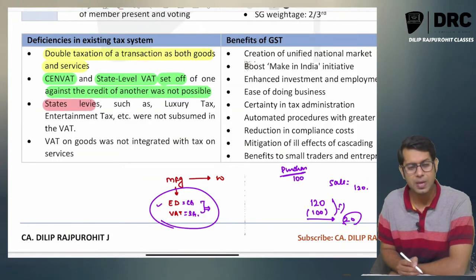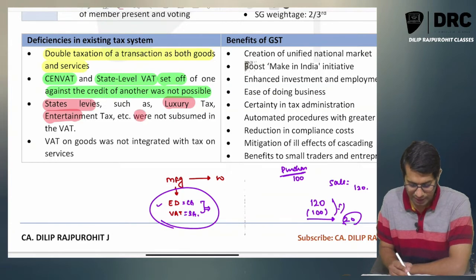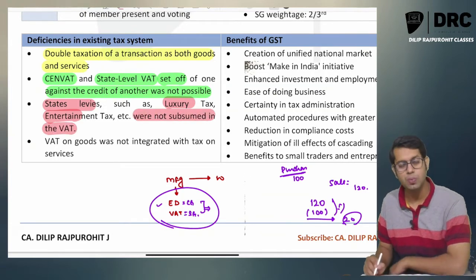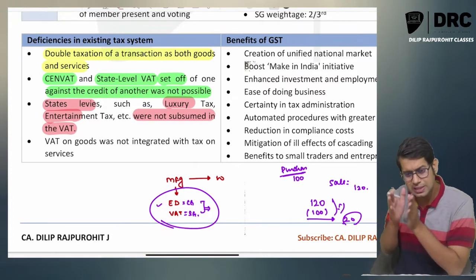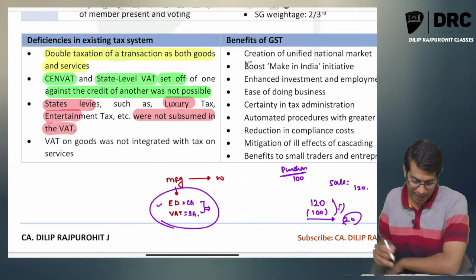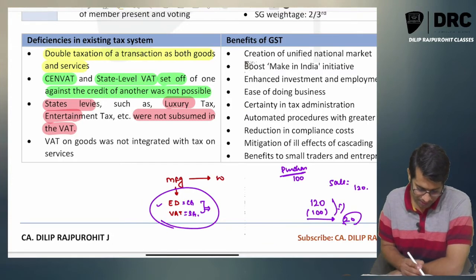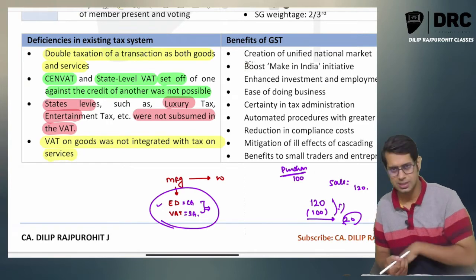Similarly, state government had different types of taxes such as luxury tax, entertainment tax, VAT, etc., which were not subsumed into VAT. They were not merged into one single tax. One single state government was collecting some 10 different types of taxes, which was again bad. Then VAT on goods was not integrated with tax on services.